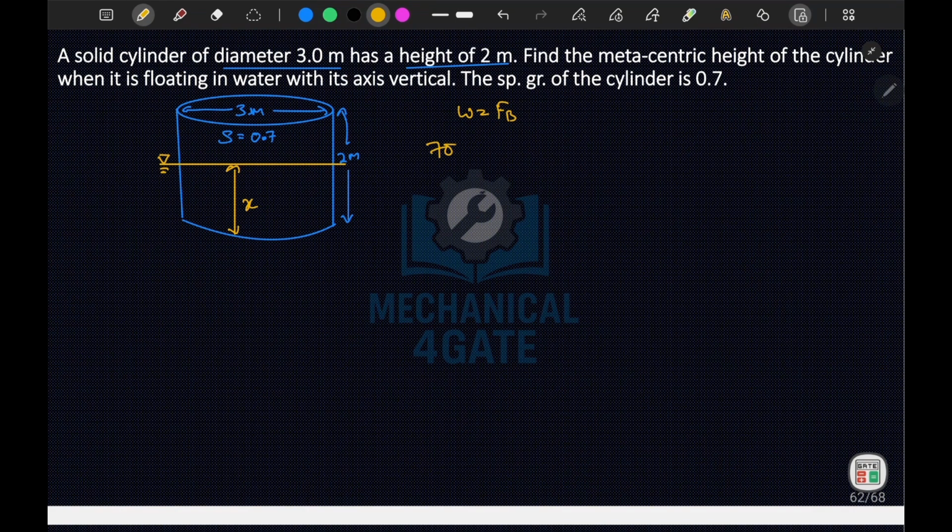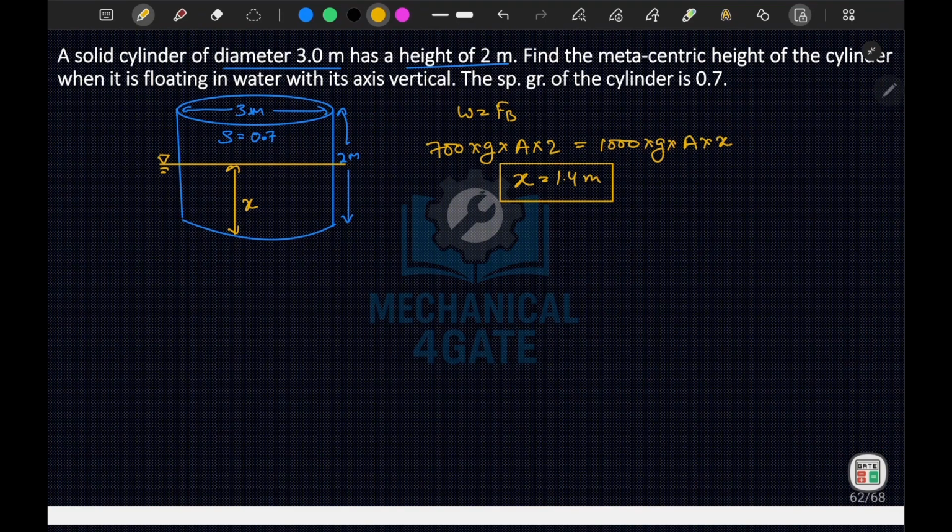So weight is equal to 700 into G times area of cross section times height, that is 2 meter, is equal to density of water, that is 1000, times G times area of cross section A into X, which is your buoyant force. So from here, if you calculate the value of X, it will come out to be 1.4 meter.